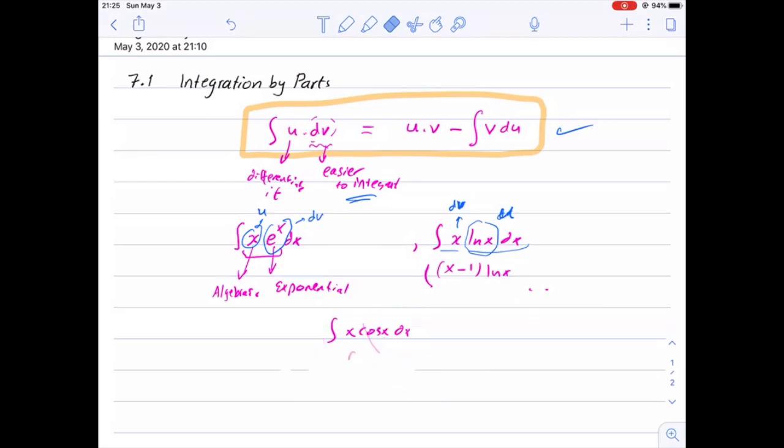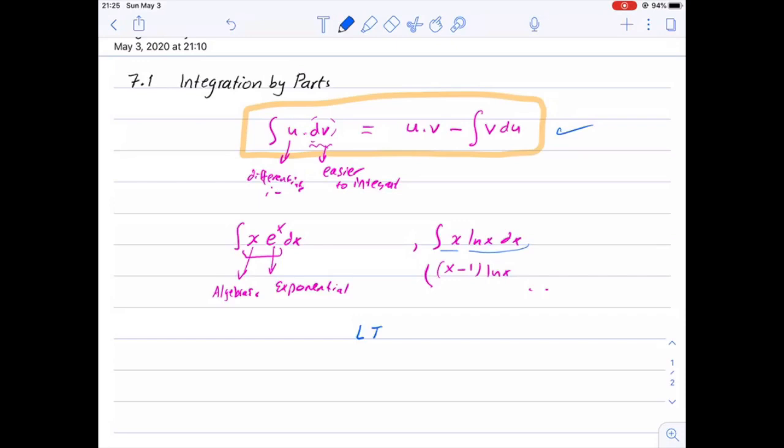Some students get confused about what they should use for dv. Sometimes they feel lost with different types of functions. So there's a word that's used to determine the priority for the substitution u, and I'm going to write the letters that we are interested in this section.